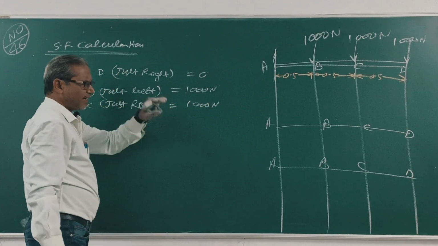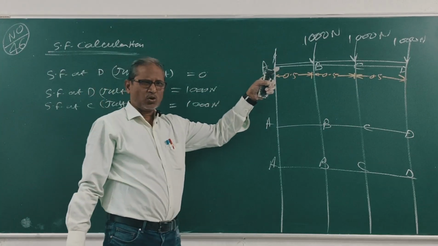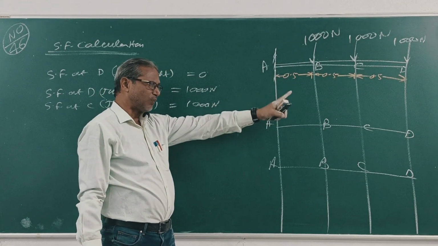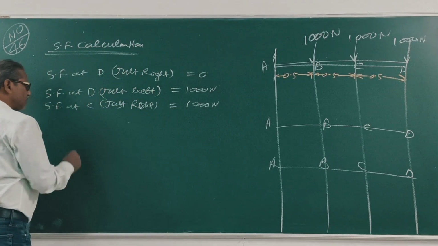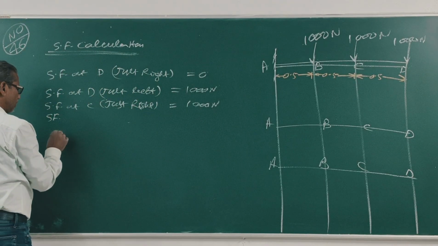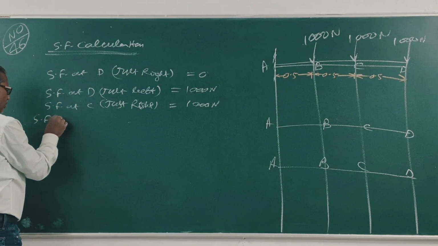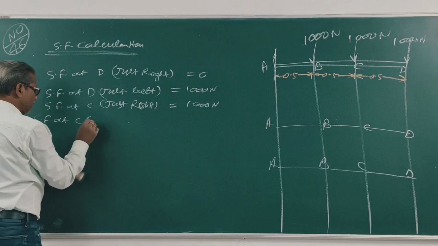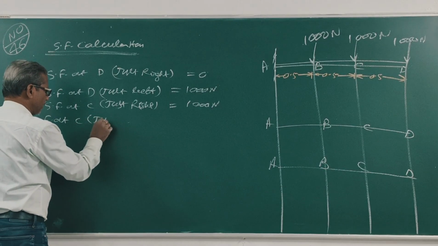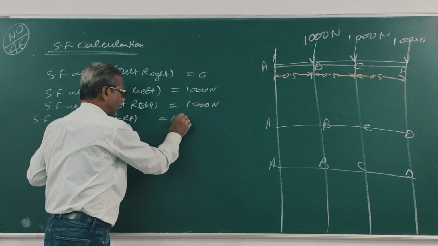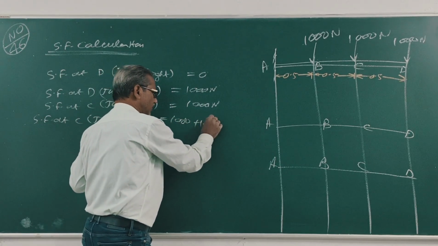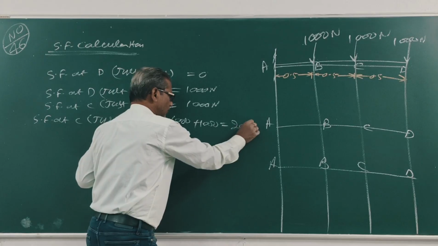Right? At C 1000 Newton load is given. So that will calculate for left part of the C. So shear force at C just left is 1000 plus 1000, 2000 Newton.